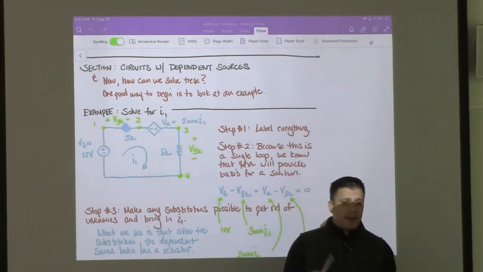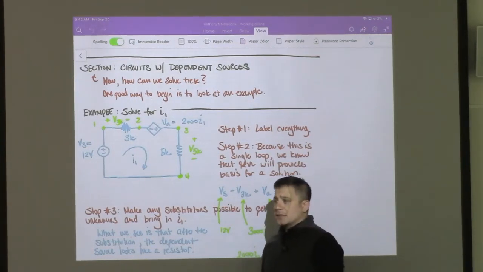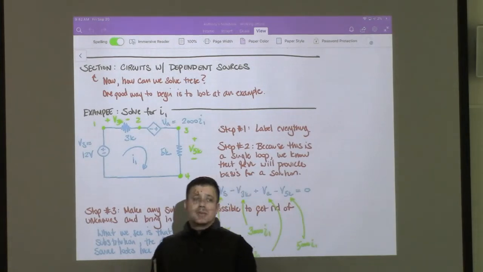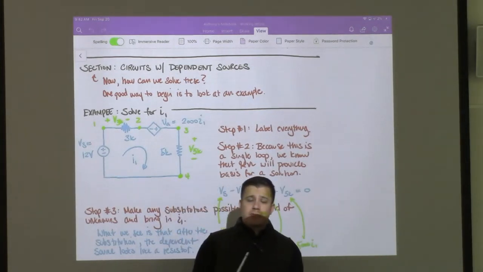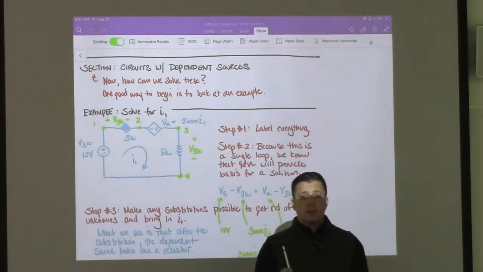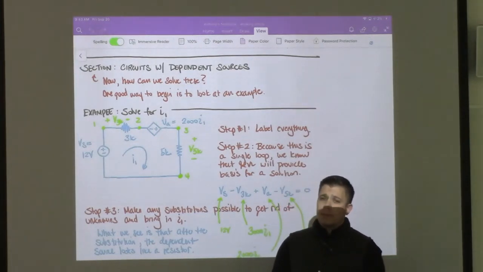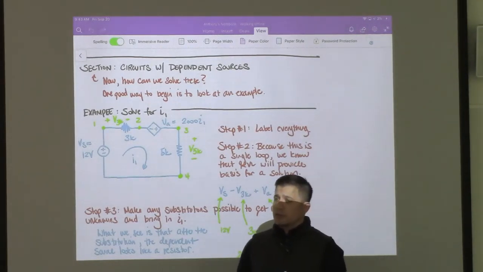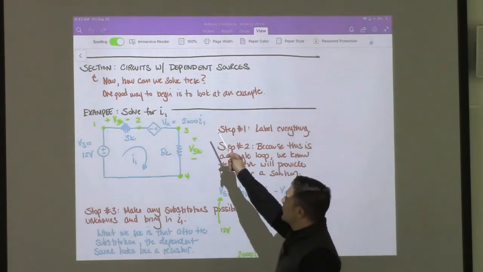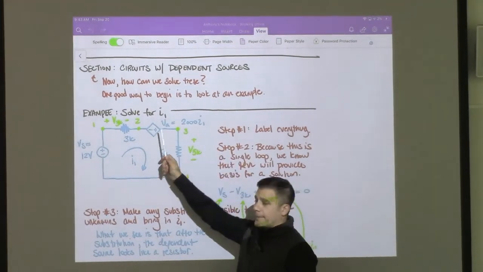Again, there's not many things I ask you to memorize in this class, but I do expect that you understand what limited terminology we use, because you will see it in later classes where they'll just throw it out there, and I want you to be prepared. Yes? It's a current controlled voltage. Bingo. Yes. Current controlled voltage source. Controlled by current, and it's a voltage source.